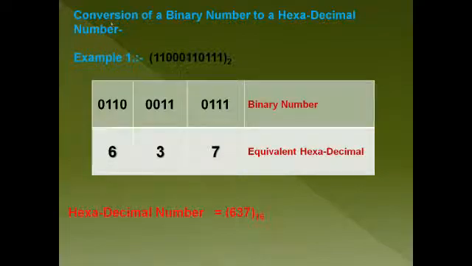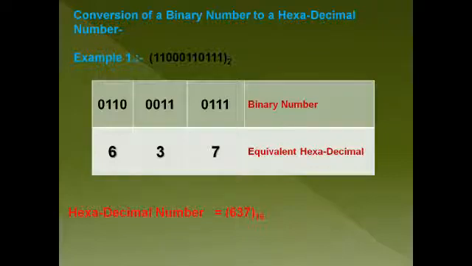Now next, conversion of binary number to hexadecimal number. Binary number base will be 2. To convert any binary number to its equivalent hexadecimal form, first group the binary digits in 4 bits. In octal we group the binary into 3 digits, but here we will make a group in 4 bit pattern from the right hand side.